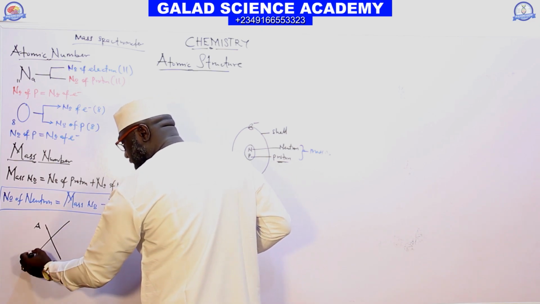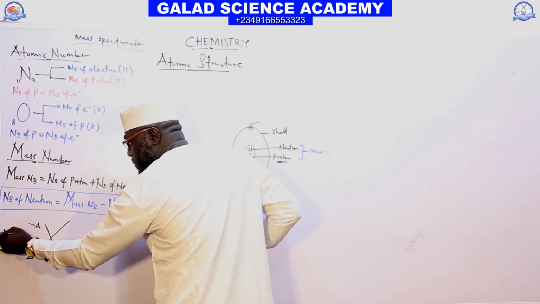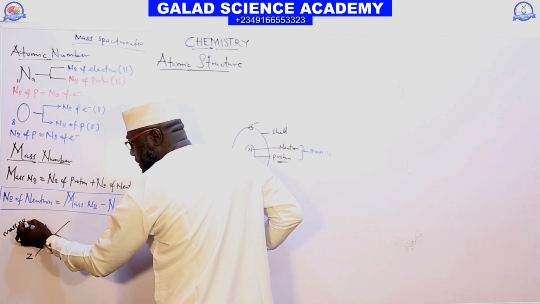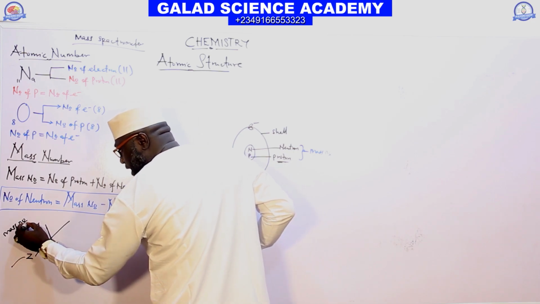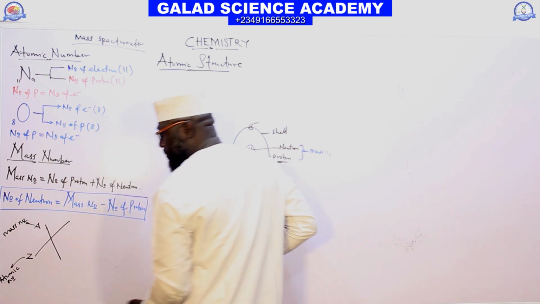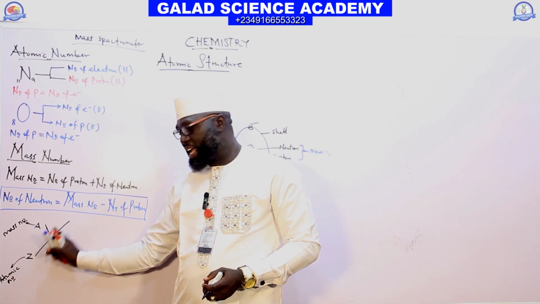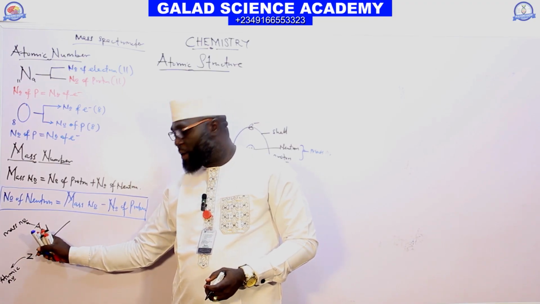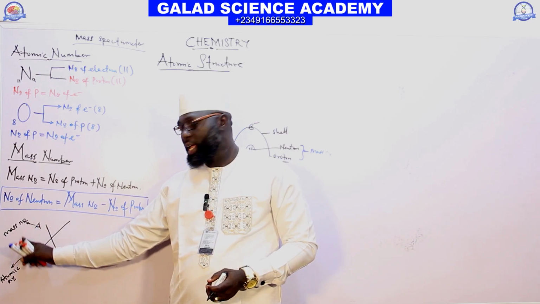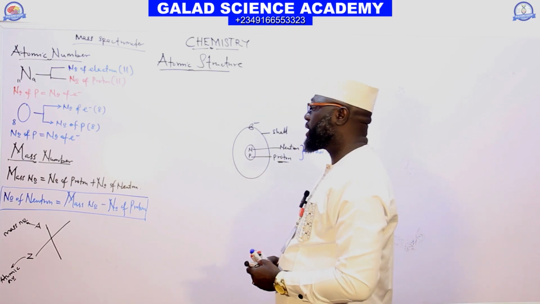This A we have here, and here we have Z. So this A represents the mass number, and this Z represents the atomic number. I'm trying to tell you that if you are given an element like this, the number at the upper side represents the mass number, and the one below represents the atomic number.